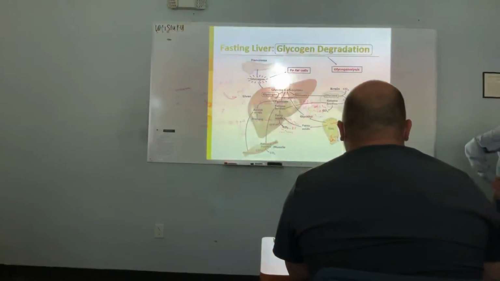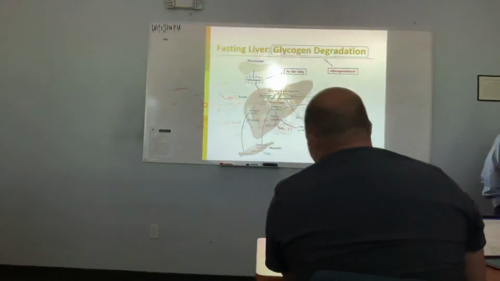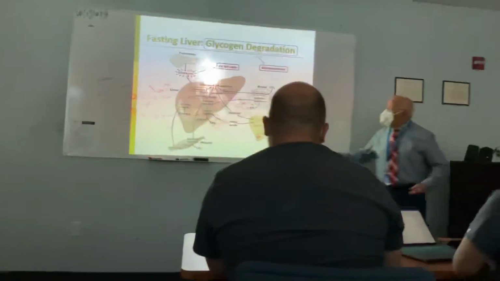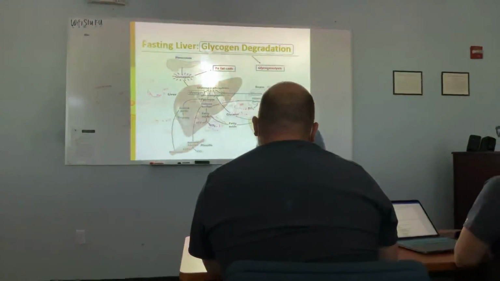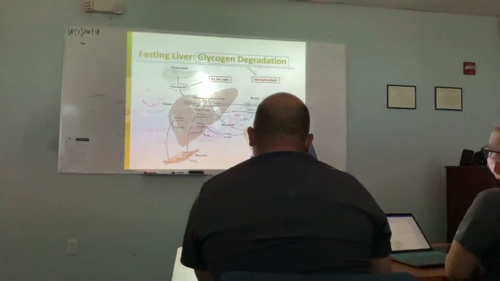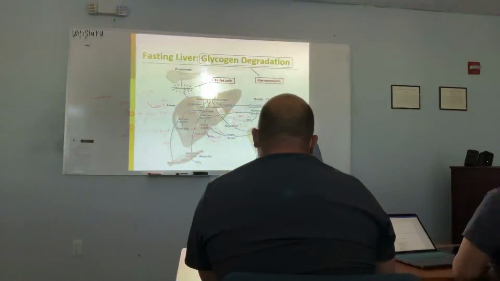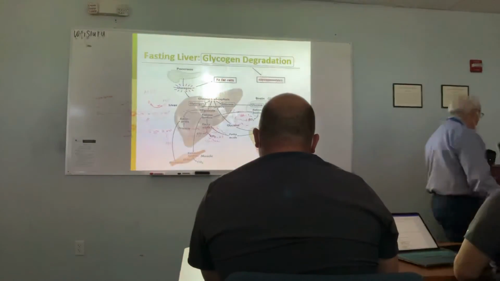But what is the point? The point is that you cannot ask insulin to stimulate glycogen synthesis without asking the liver. You're going to be making glycogen. I'm going to change this picture.